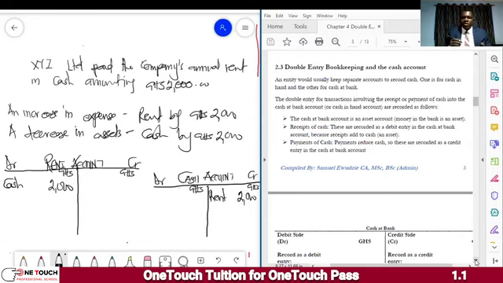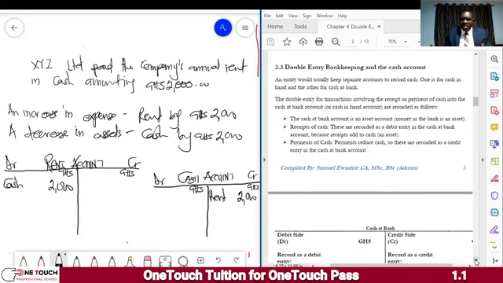Good. And don't forget that we have already mentioned that we record as debit entry when there's an increase in an asset. So when cash is received, cash is an asset, so it needs to be debited.